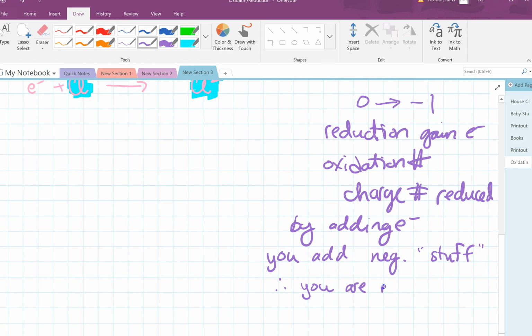As long as the charge is getting reduced, then it's oxidation, or sorry, it's reduction. And I don't know if you guys get into the fact that redox reactions occur together. You can't have one without the other.